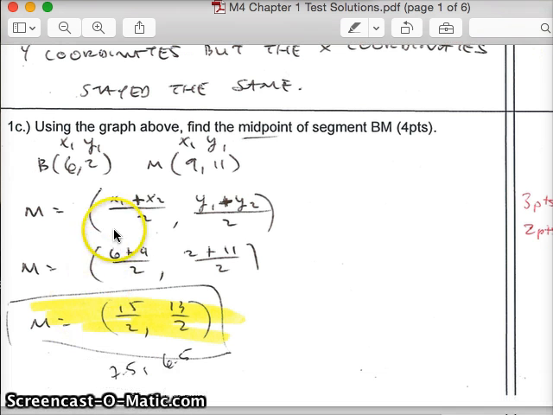So here, the common mistake is you think this is closely associated with the distance formula, but you're not subtracting your values here, you're adding your values. 6 plus 9 is 15. 15 divided by 2 is 7.5. 2 plus 11 is 13, and 13 divided by 2 is 6.5.